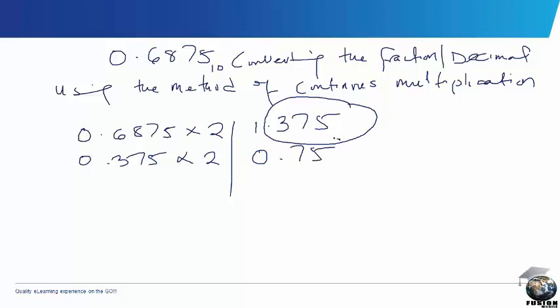You pick the fractional side again, and you have 0.75 multiplied by 2 again. You obtain 1.5.